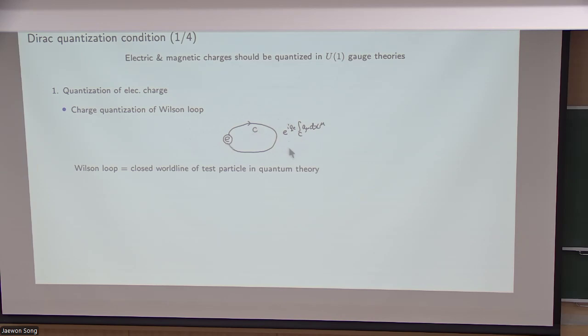In classical field theory, the test particle is introduced as a line integral in the action. Here, the coupling constant is absorbed into the gauge field. When we go to the quantum theory, we consider the exponential of the action. So the test particle should also be treated as this operator. This is a Wilson loop.